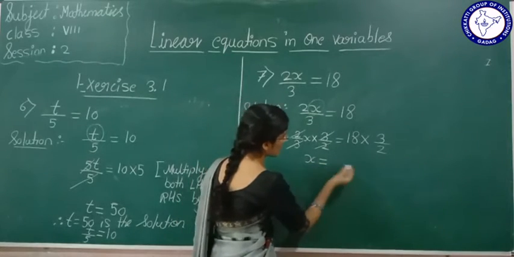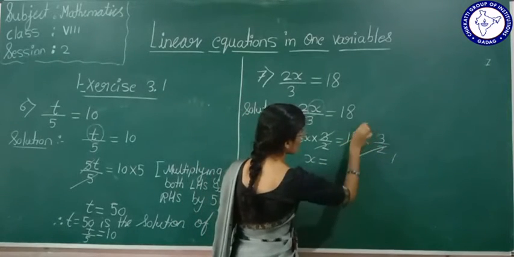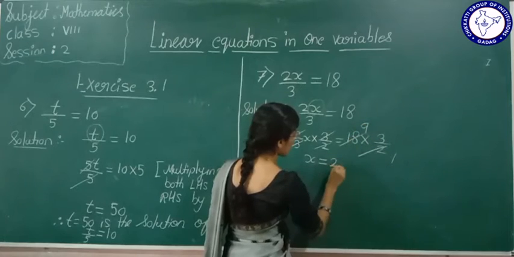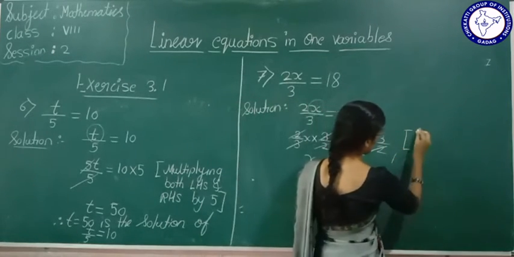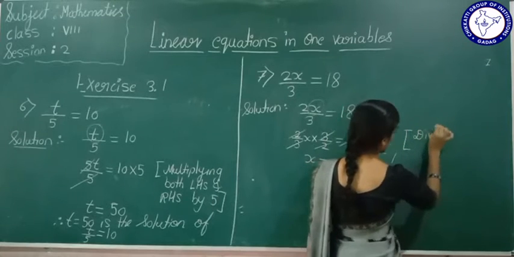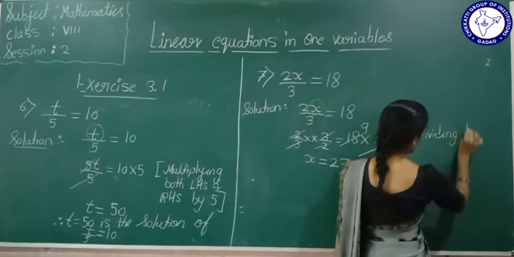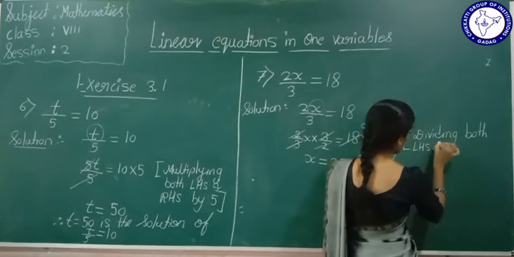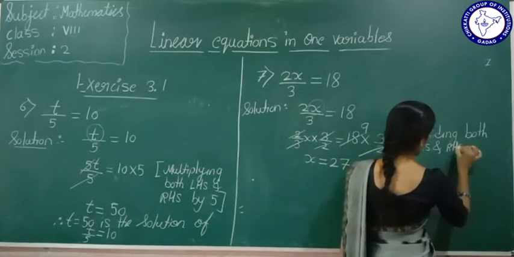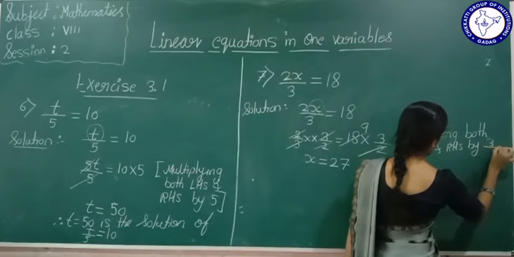Here x is equal to 2 ones are 2, 9 threes are 27. So what have we done here? Dividing both LHS and RHS by 3 by 2.